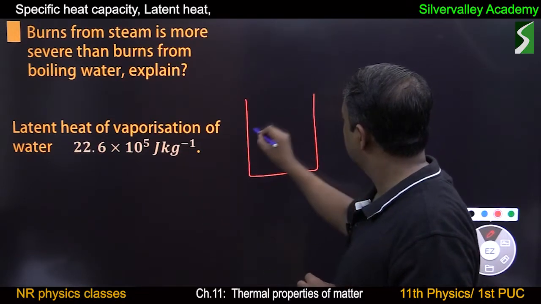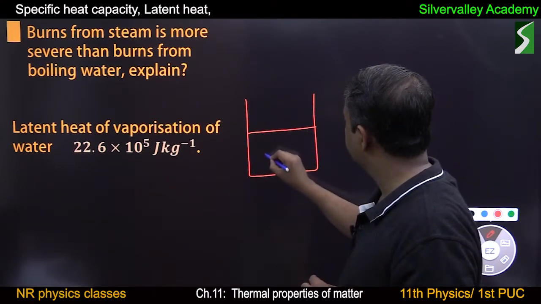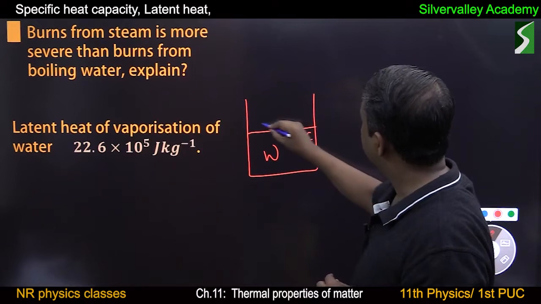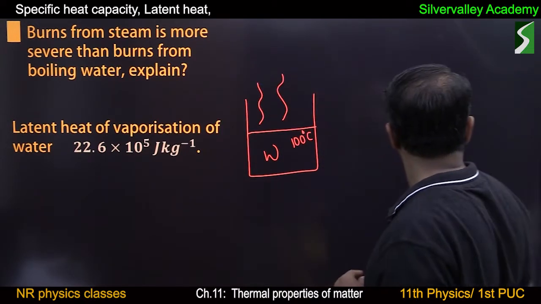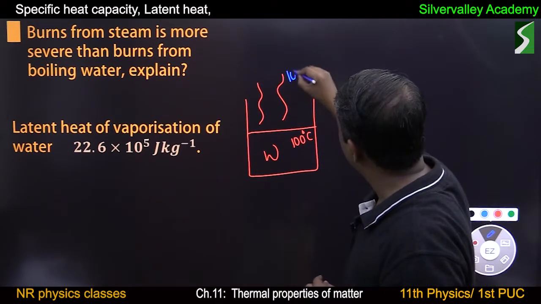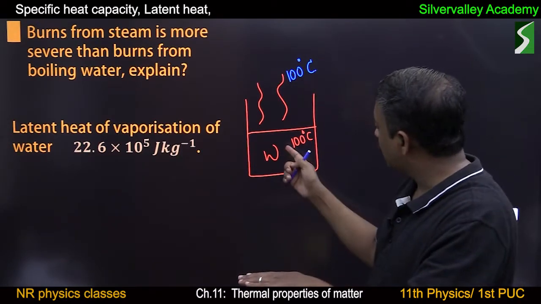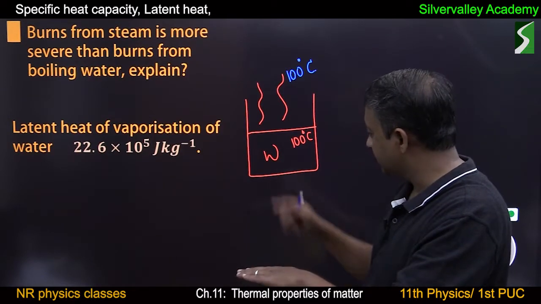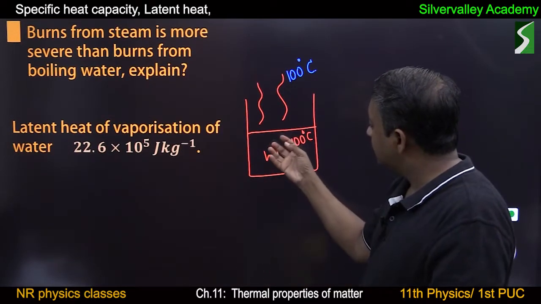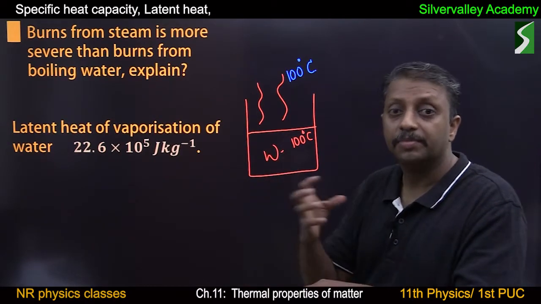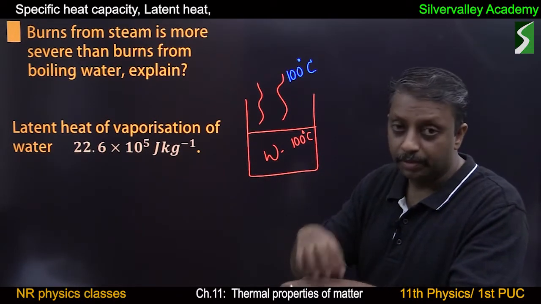Container, this is water at 100 degrees Celsius, and this is steam. This is also at 100 degrees Celsius. If skin is in contact with hot water, 100 degrees Celsius water, then this hot water can supply some amount of heat. It has some heat capacity, so that burns.